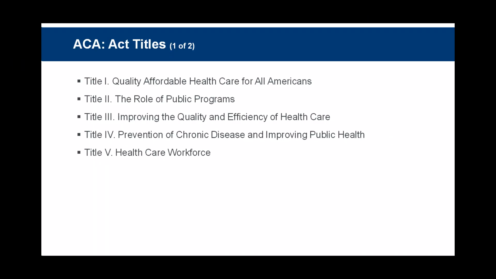Here are the most important ACA titles. Title 1, Quality, Affordable Health Care for All Americans. Title 2, The Role of Public Programs. Title 3, Improving the Quality and Efficiency of Healthcare. Title 4, Prevention of Chronic Disease and Improving Public Health.